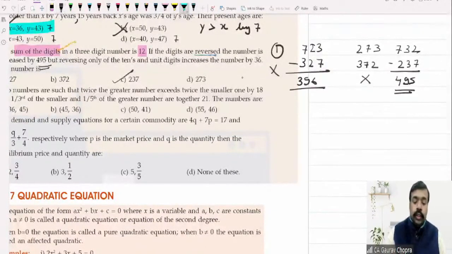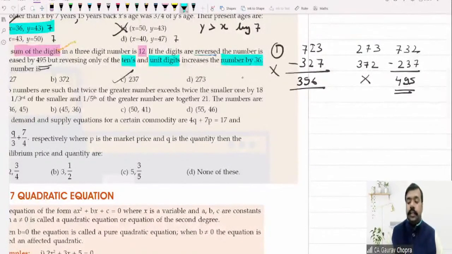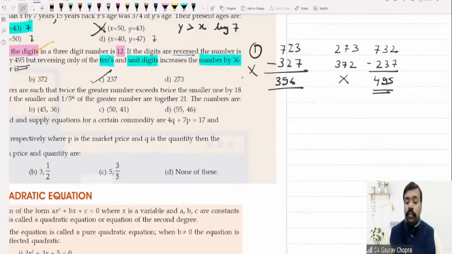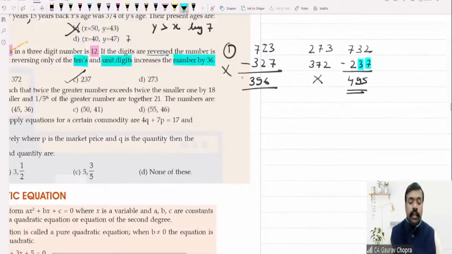And there is one more condition which says that only reversing the tens and the unit digits increases the number by 36. So if we only reverse 3 and 7, the difference is 36. The numbers are 37 and 73.